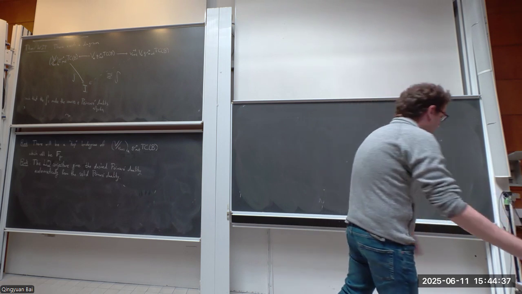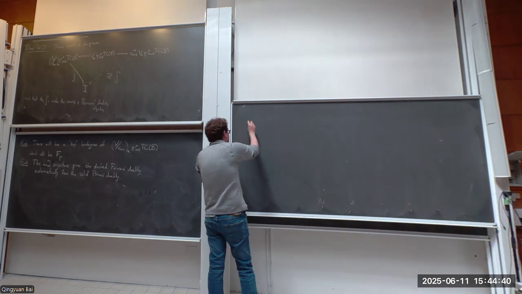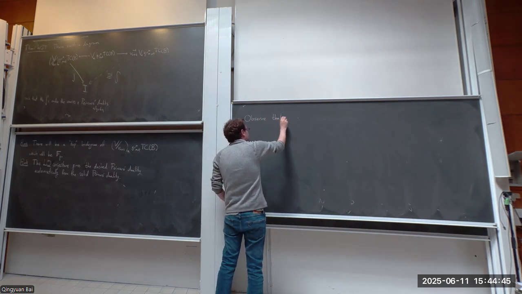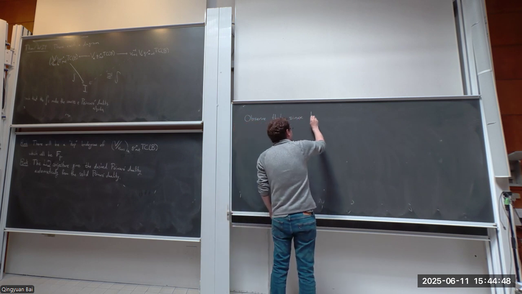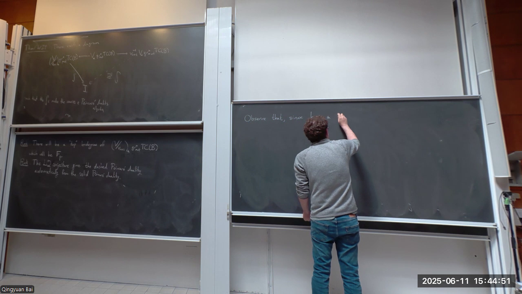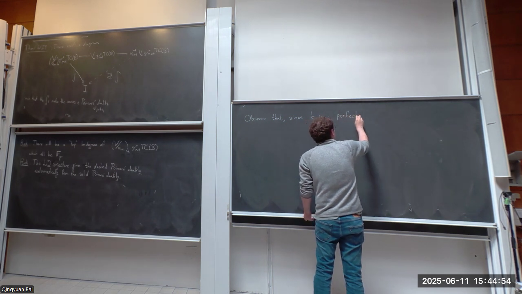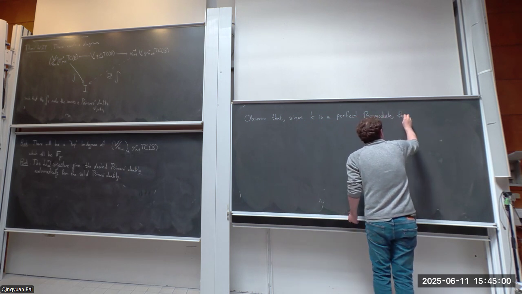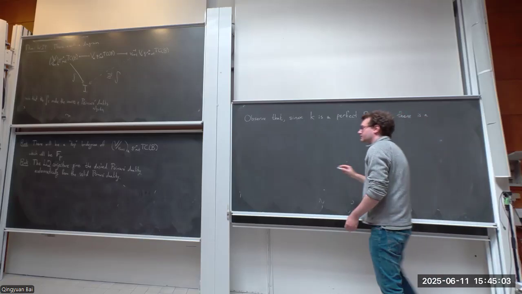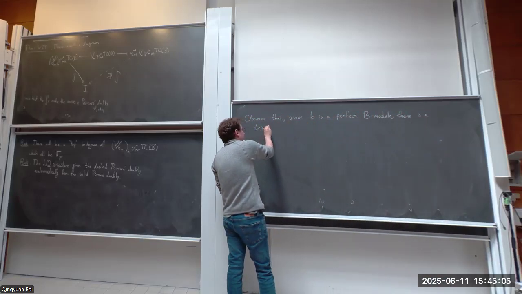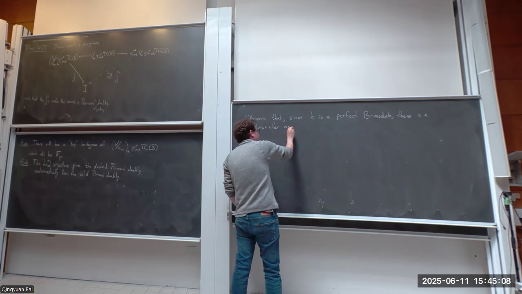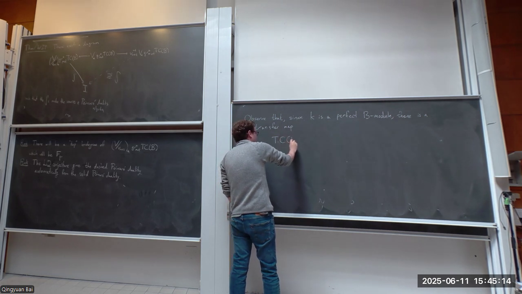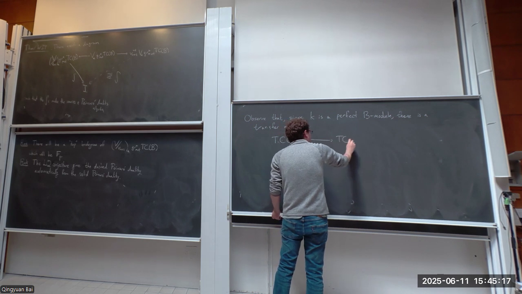And the way in which we can do that is to observe that a perfect P module is a transfer map. I'm drawing that map from TC of K to the TC of P.